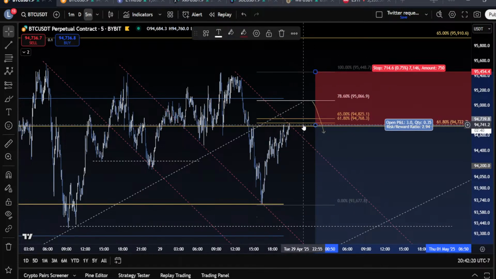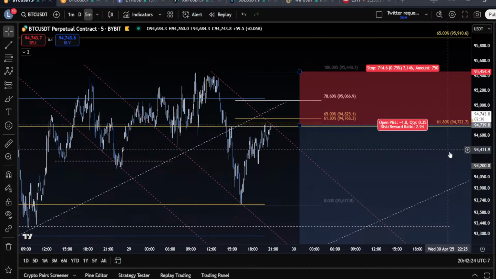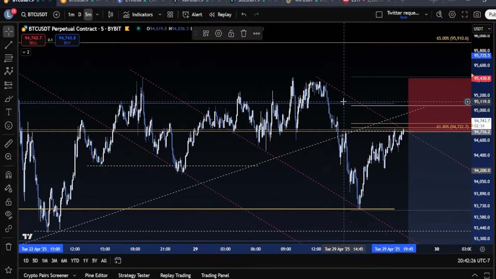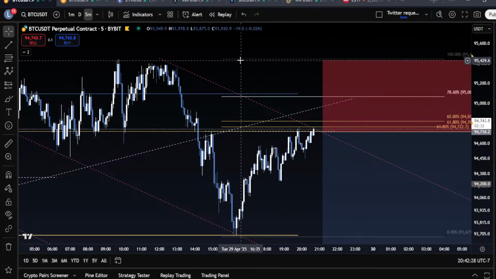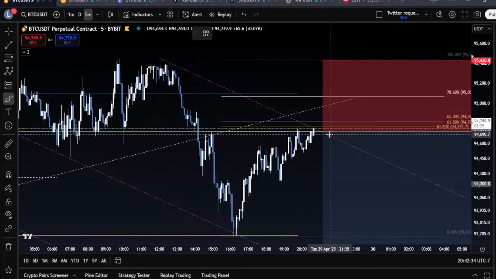But again, we're just at the level. I'm not thinking necessarily that the trade's not going to work. This is the critical low time frame structure idea, the most aggressive form of the trade. But spending some time here.